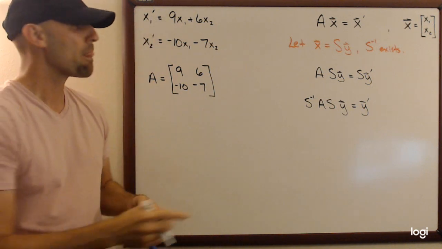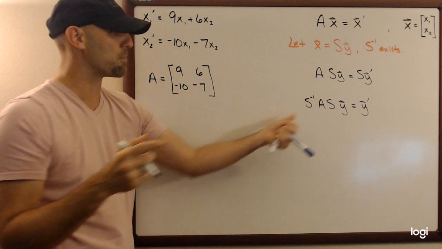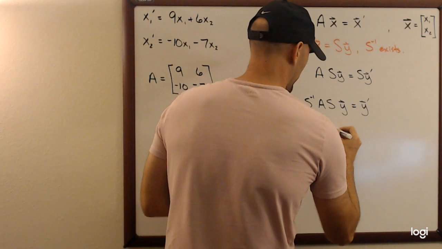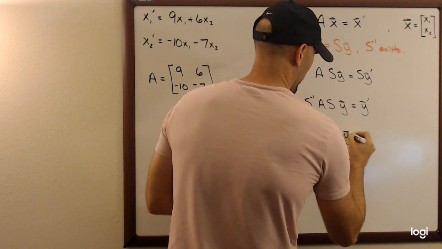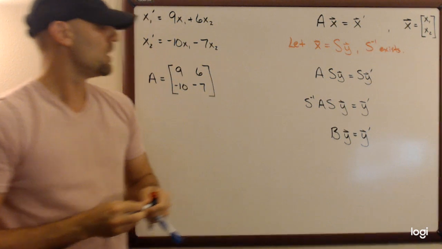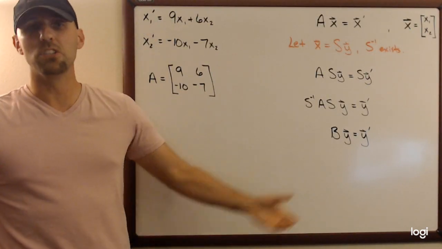Now, this creates a similarity. Having an invertible matrix S, S inverse AS does create a similarity because the product of this does equal some matrix. Okay, let's call this matrix B. And I now have this, which you might be thinking, yeah, but that didn't do anything, right?